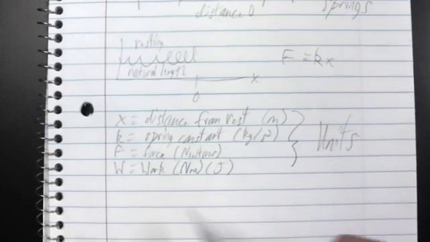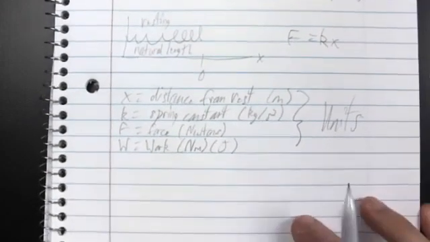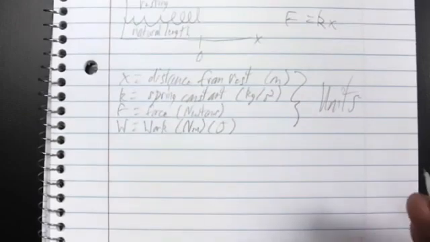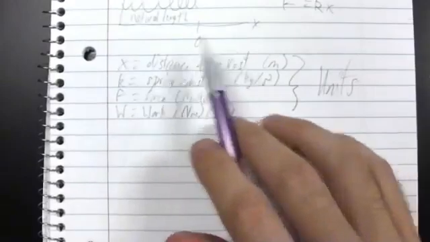There's a whole little explanation as to why the next formula that I'm about to write works, but I'm not going to go into that too much because I want to focus more on the actual problems. So we can relate the amount of work done to compress or stretch a spring using an integral.